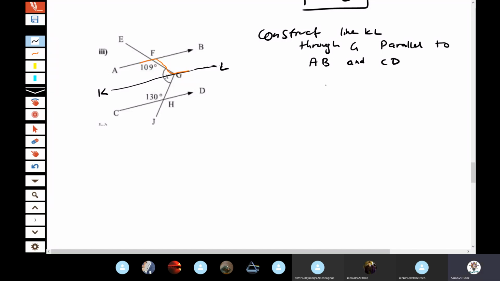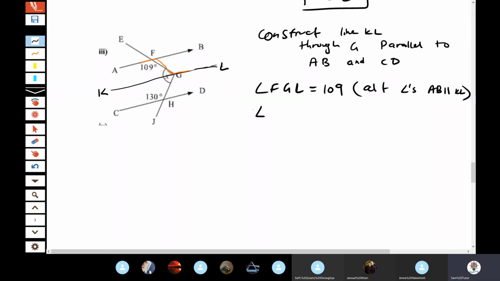If reasons were required. Usually with these, at your year, we don't really write reasons. We just go find x. But I just want to show you the other way. Then you can get angle FGL equals, what does it equal, Liam? 109. Reason? Alternate angles, AB parallel KL.